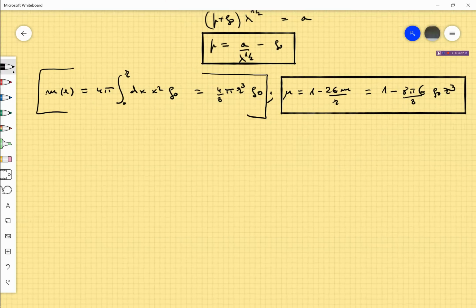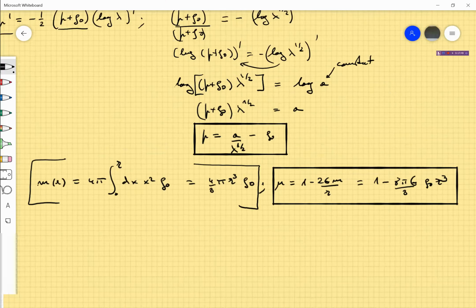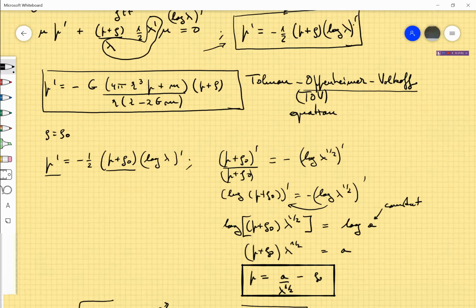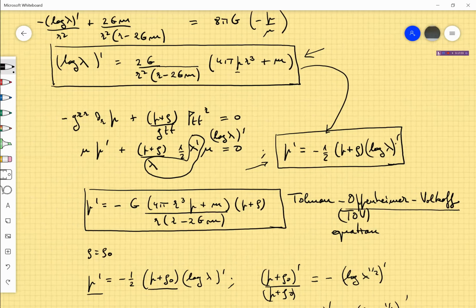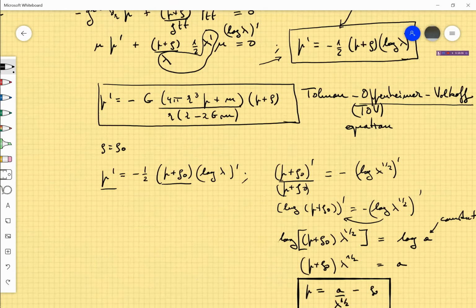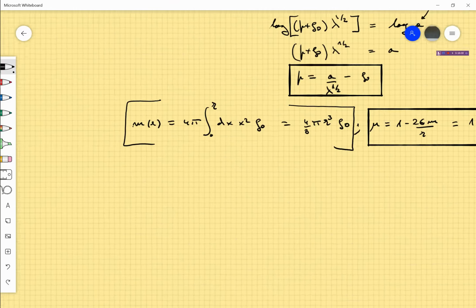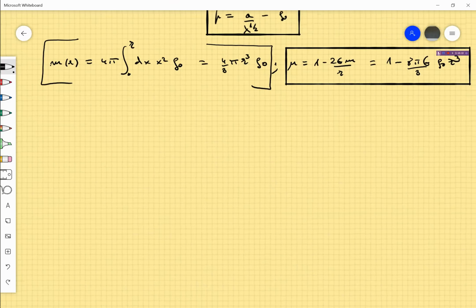and well, we can go back to this equation that we had for lambda. Okay, in this equation we know p as a function of lambda. We can substitute. We know m, okay, which is here, so we can probably integrate the equation. Let's see what it looks like.